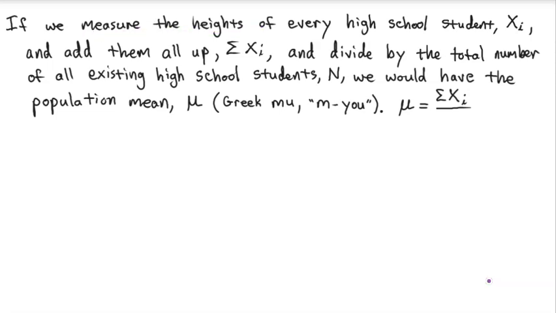If we measure the height of every single high school student in all of existence, and then add up all of the heights, and then divide by the total number of all existing high school students, which we would call the population size N, we would have the population mean mu. We pronounce it mu, it's a Greek letter, and the population parameter mu is equal to the sum of the heights of all high school students divided by the population size of all high school students.